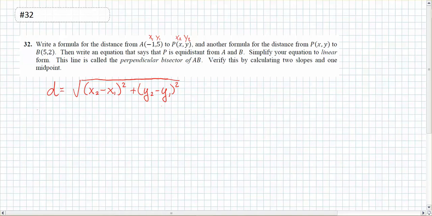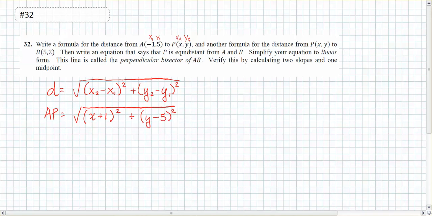So the distance from A to P, AP, would be the square root of x minus -1, so x plus 1, all squared, plus y minus 5, all squared.